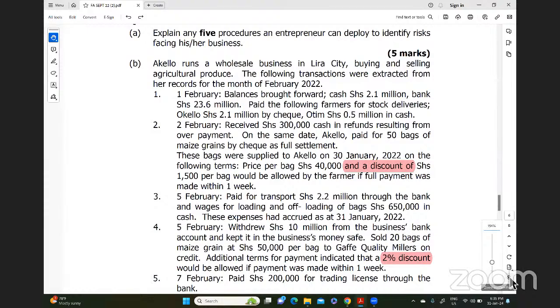Okay, transaction per transaction. 1st of February, 2022, balances brought forward.